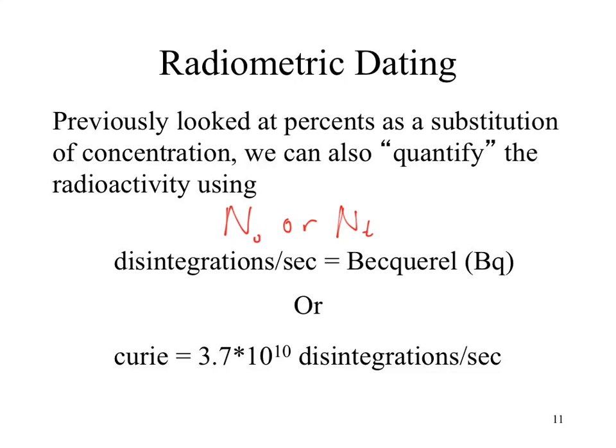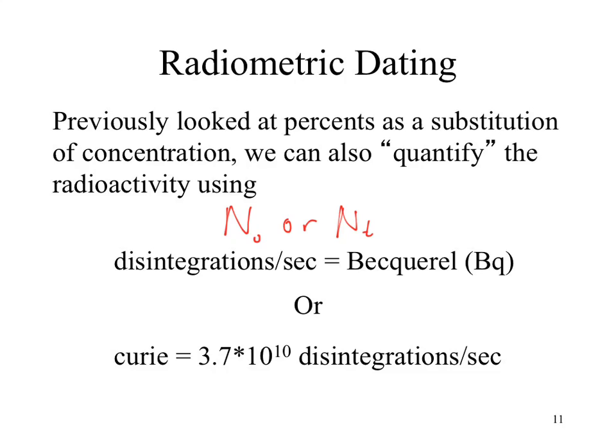Because disintegrations per second can be a bit confusing, they came up with a new unit. They named it a becquerel, as 1 disintegration per second. Why becquerel? He was one of the original scientists that worked on this.